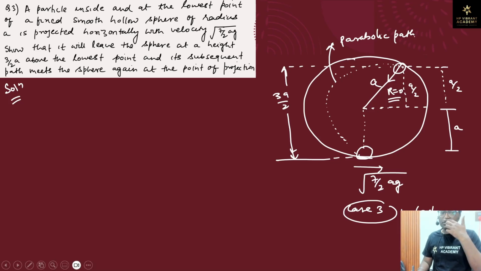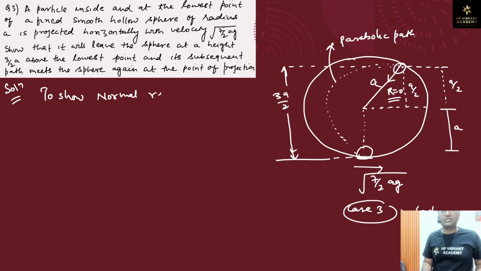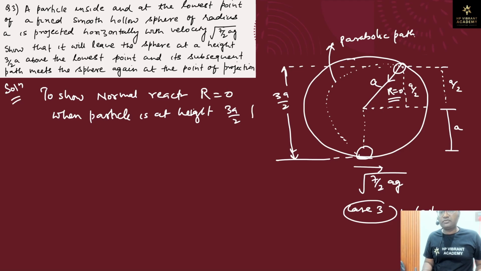So let us solve this. How can we solve this? Basically we have to show that the normal reaction R is equal to 0 when the particle is at height 3a by 2 from the bottom. Let us find this value theta.